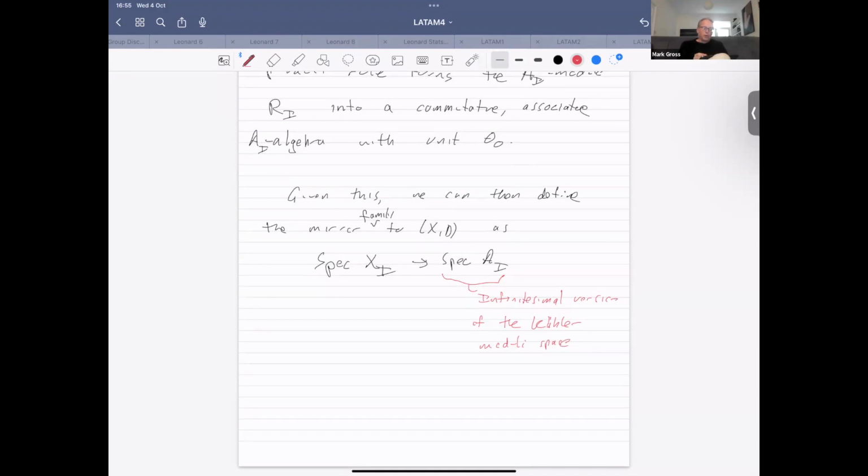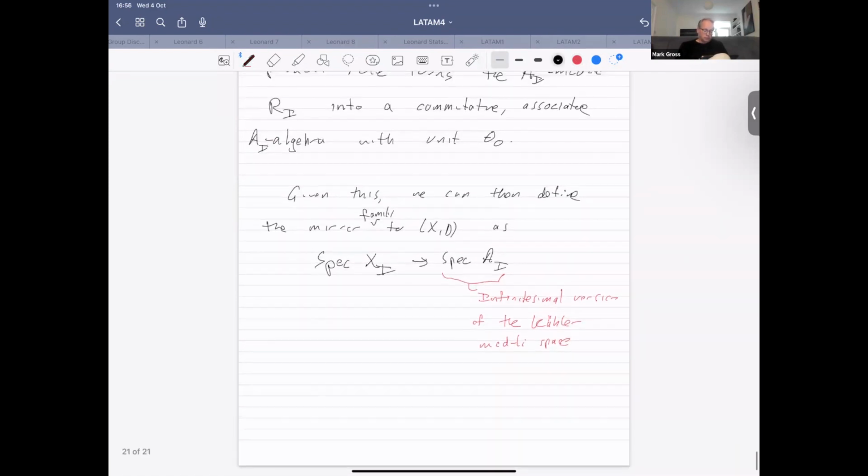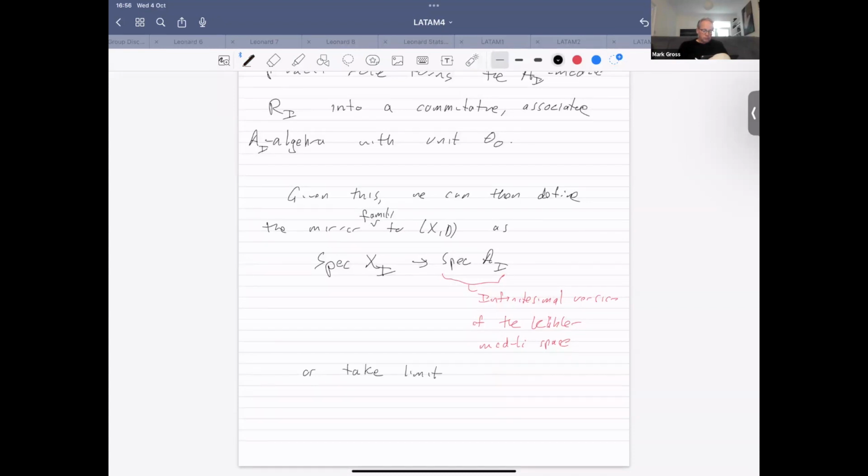Or we take the limit over all I, and get a formal mirror, if you know about formal schemes. Otherwise, you probably won't be that happy. A formal mirror, let's call it X, over the formal spectrum of the completion with the limit over all these AIs.